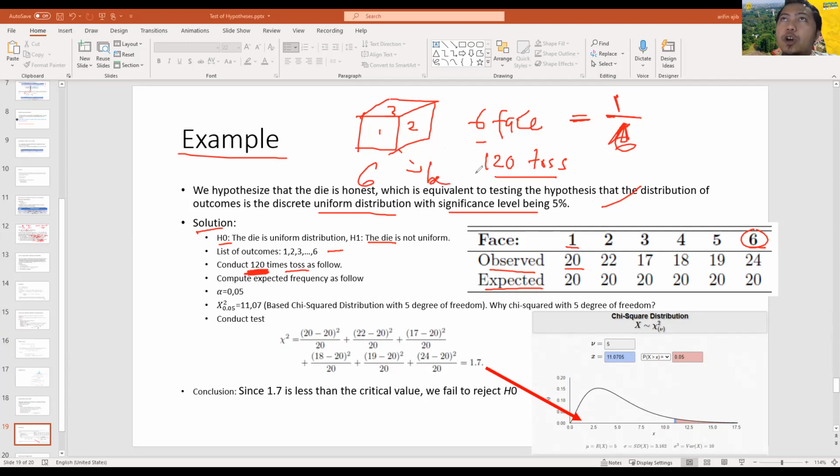So the meaning of balanced is the frequency should be 1/6 probability. So compute 120 times 1/6, equal to 20. That's why the result is 20, 20, 20, 20, 20, and 20. Okay, compute the expected frequency as follows. That's the result of the expected frequency.